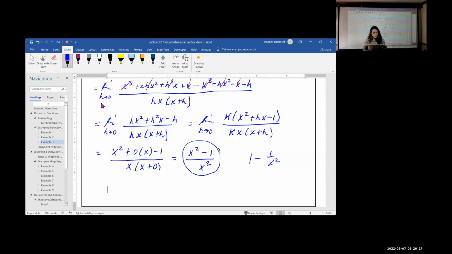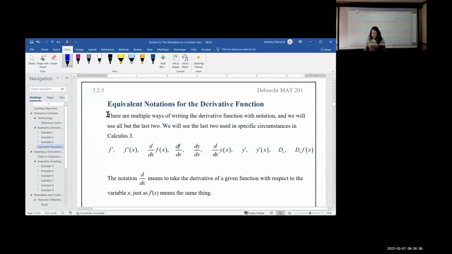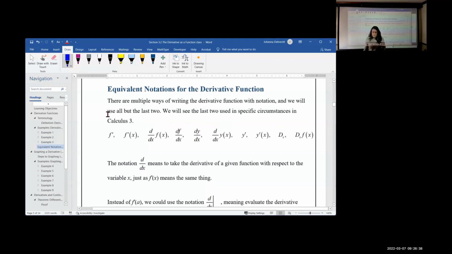Let's take a look now at equivalent notations for the derivative function. There are lots of different ways of writing down the derivative function f prime of x, and we'll probably use all of these except the last two. The last two get used in differential equations.